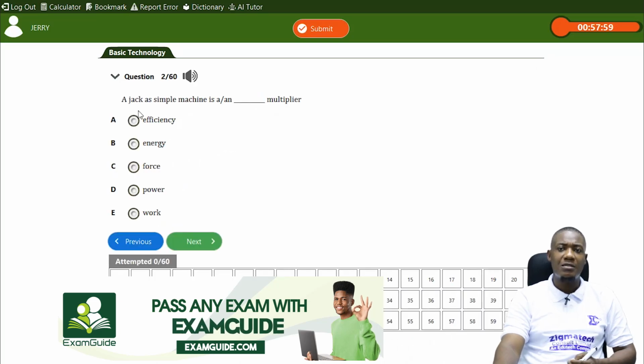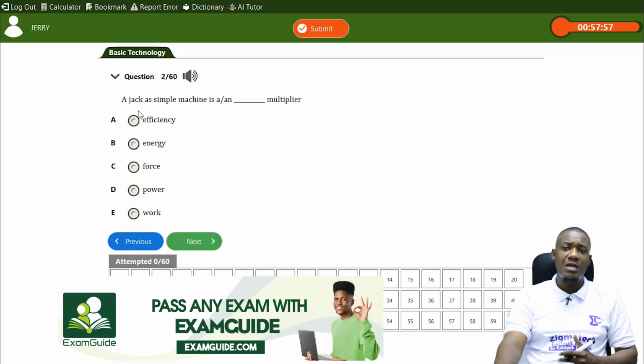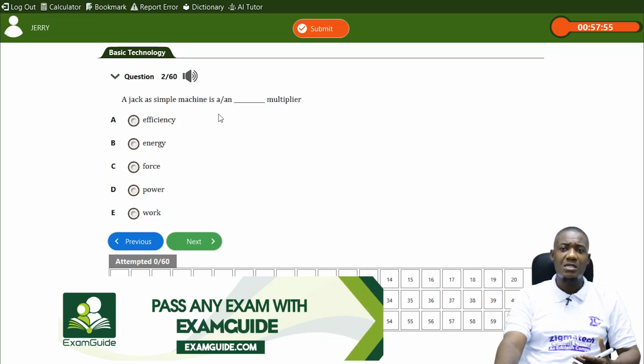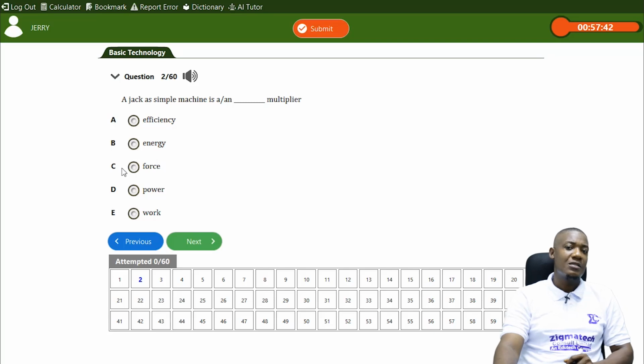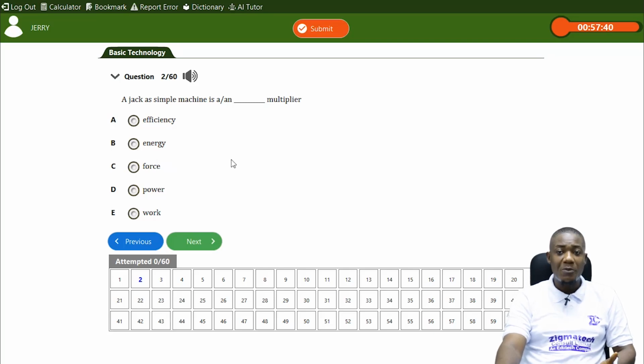A jack, a screw jack, is a type of simple machine. A jack as a simple machine is a dash or dash. Is it option A, efficiency multiplier, B, energy multiplier, C, force multiplier, D, power multiplier, E, work multiplier?